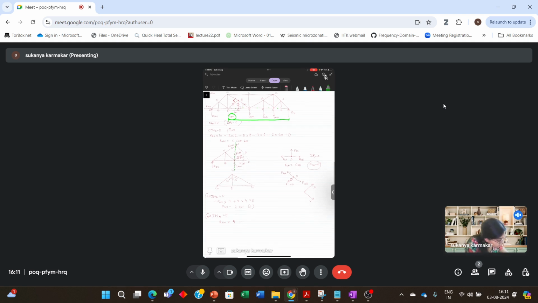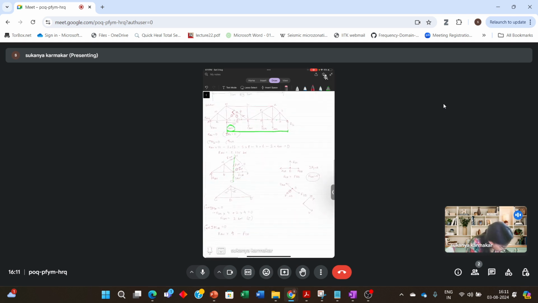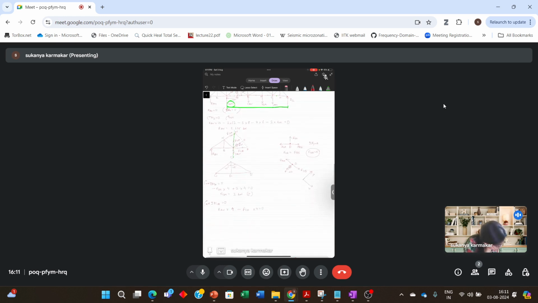So minus FCD, and it is at a distance of how much? 4 meter, into 4 is equal to 0. So FCD is 5.625 kilonewton. So FCD is nothing but RAV. And how much is RAV? 5.625 kilonewton. It is also positive, so the force is tensile in nature.